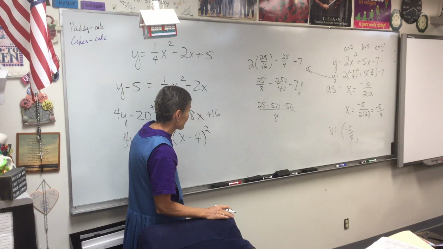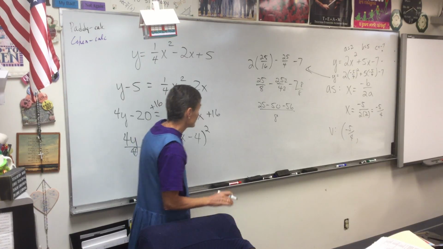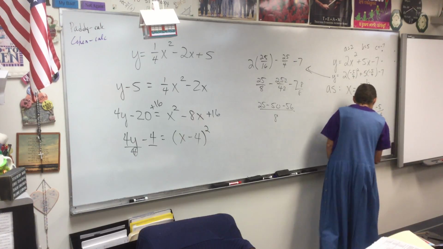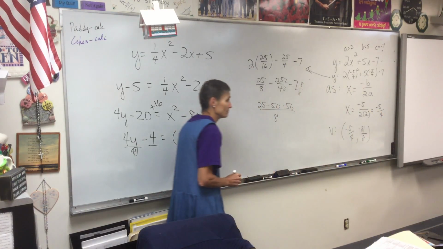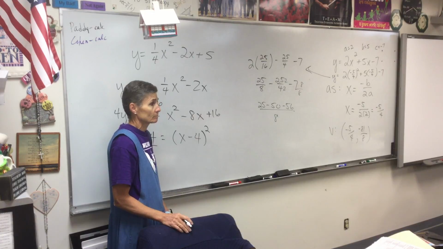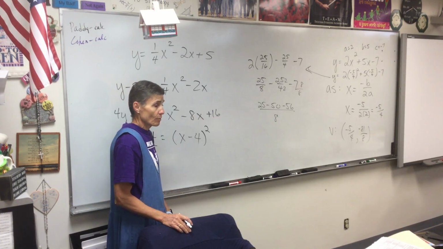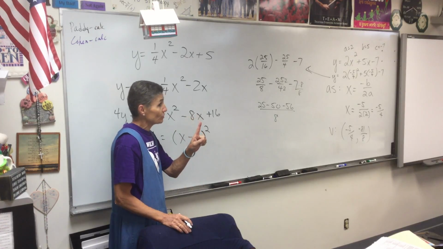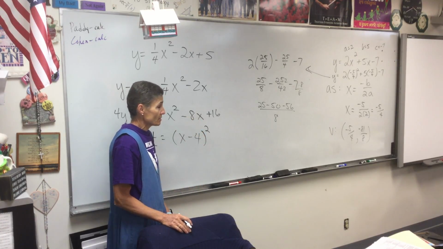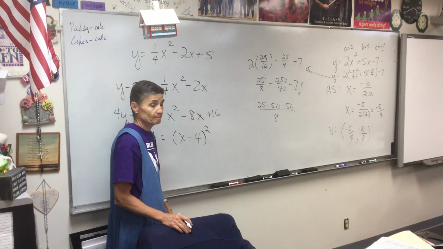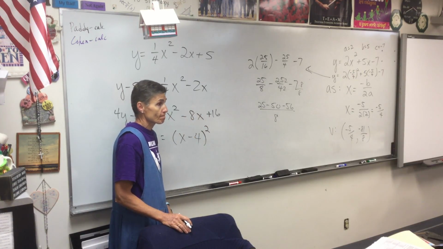Negative 81. So negative 81/8. You are free, unless the directions tell you otherwise, and in the book they do, so pay attention. But unless the directions tell you otherwise, you are free to find your vertex whatever way you want.